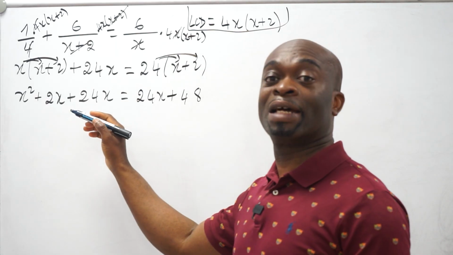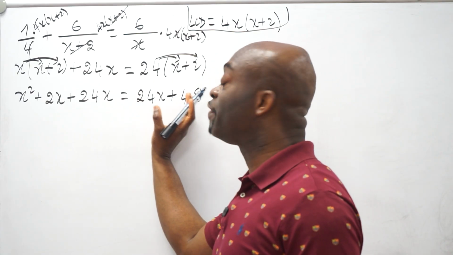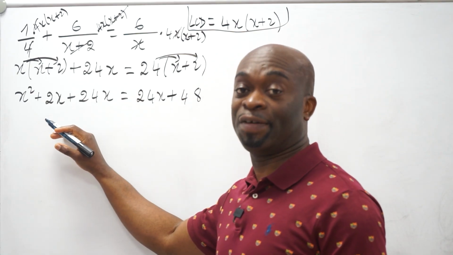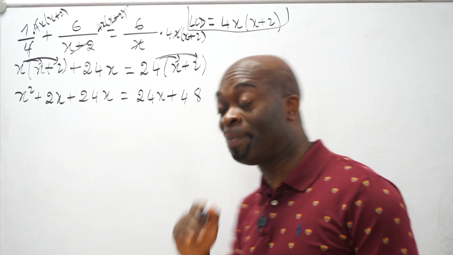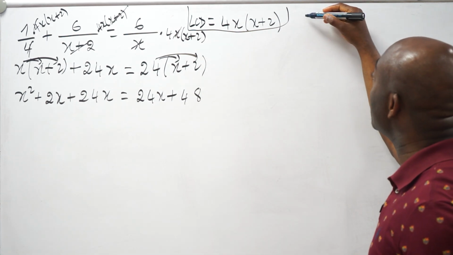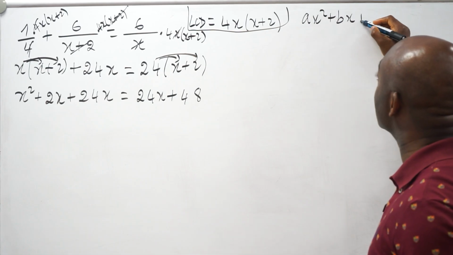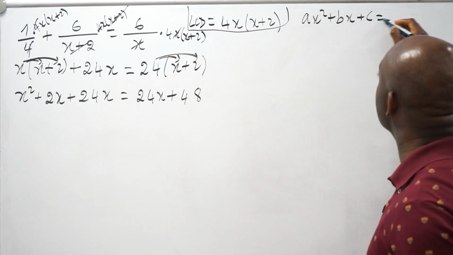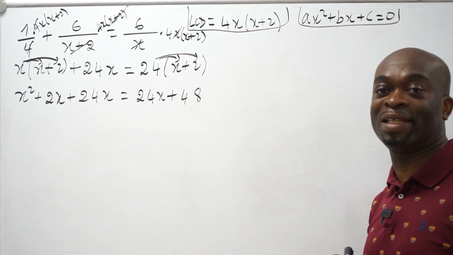Now we're going to combine like terms. Not only are we going to combine like terms, we're going to be intentional over here, because we're going to move everything from the right side to the left side. Why? Because we're trying to get a quadratic equation. Remember, a quadratic equation is ax squared plus bx plus c equals 0. That's the standard format that we're looking for.